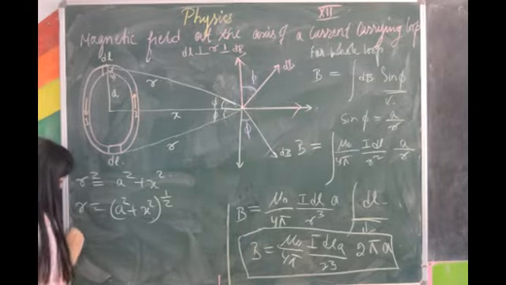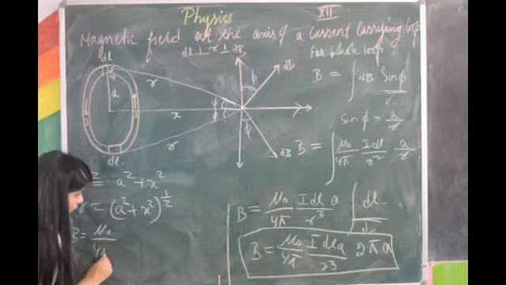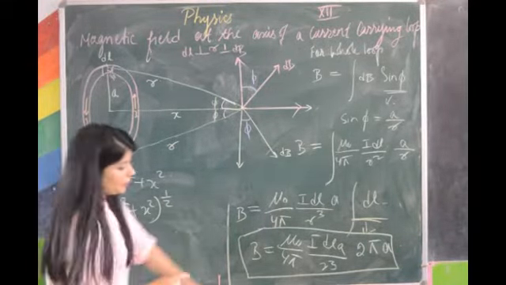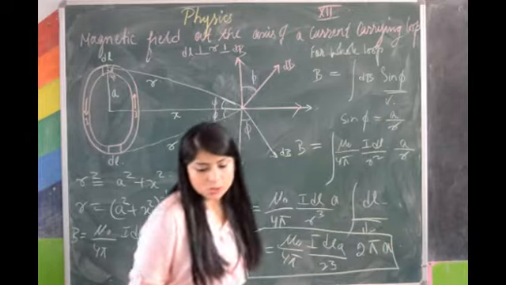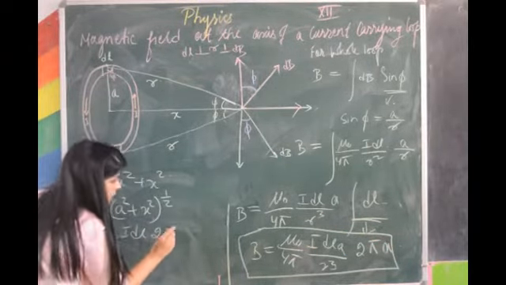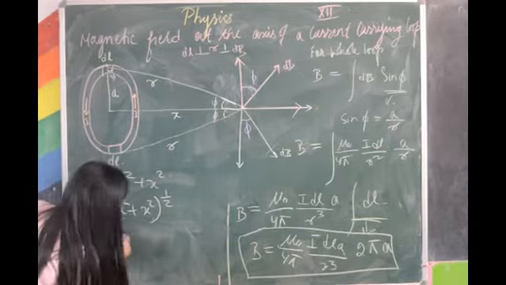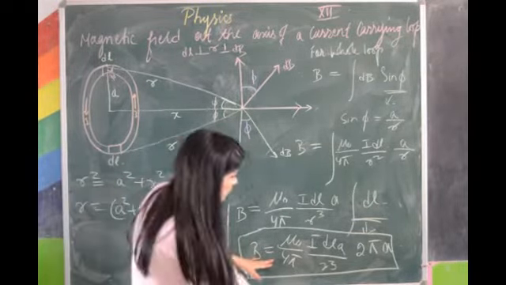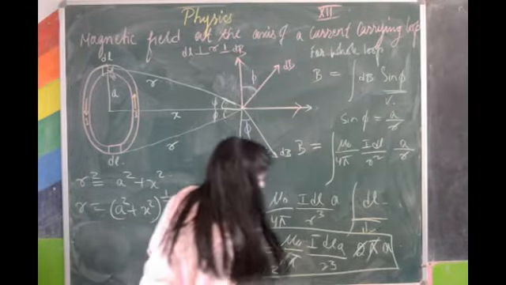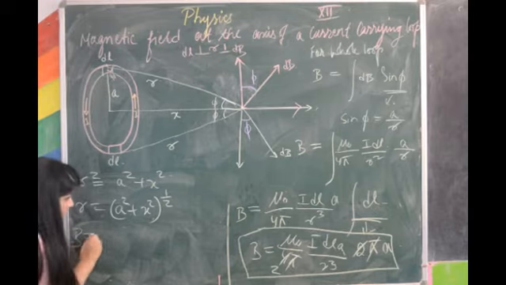So B is equal to mu naught by 4 pi, I, A into A will be A square, 2 pi. Before doing this, let me cancel some of the things over here. The 2 will be cancelled, pi will be cancelled. Now we can reduce it further.